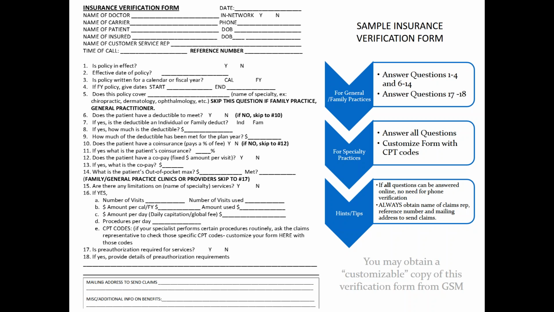And there may be a limit on numbers of procedures per day. So for example, in physical therapy and in chiropractic, a patient may go in, let's say, to a physical therapy clinic and have 45 minutes of physical therapy exercises and 15 minutes of speech therapy and 15 minutes of occupational therapy. Well, each therapy code is billed in 15-minute increments.